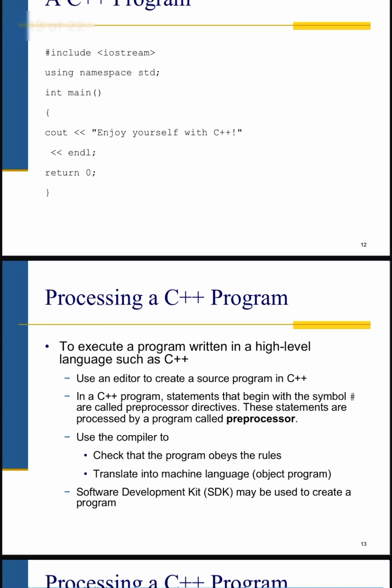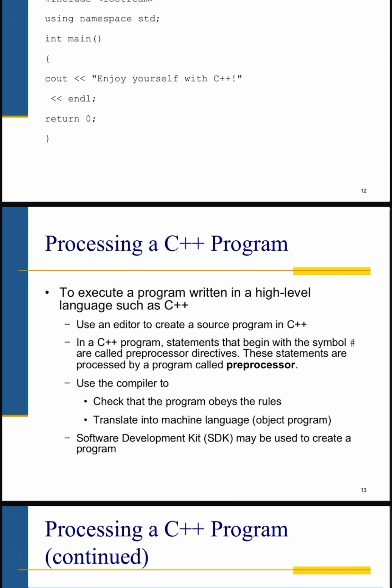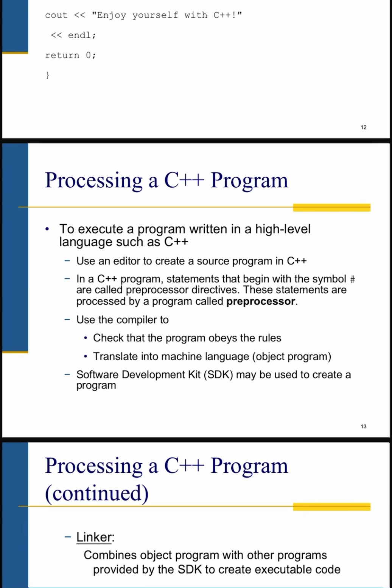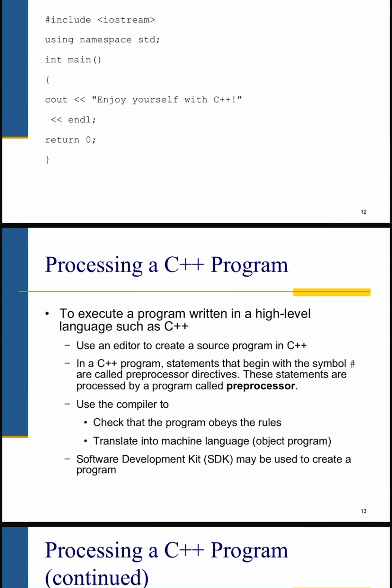And the processing of a C++ program. To execute a program written in a high-level language such as C++, use an editor to create a source program in C++. In a C++ program, a statement that begins with the symbol hashtag is called what? A preprocessor directive.